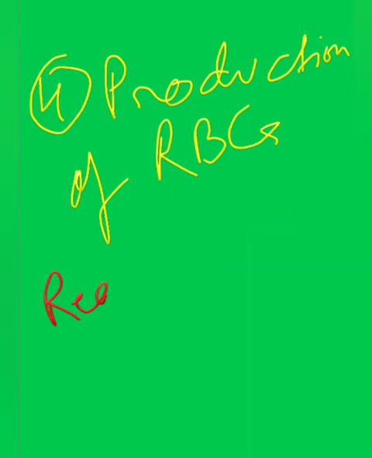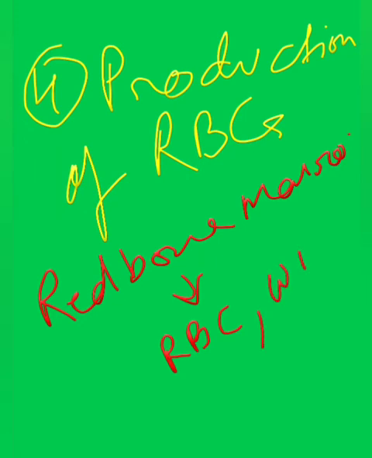So the red bone marrow produces red blood cell, white blood cell and platelets.